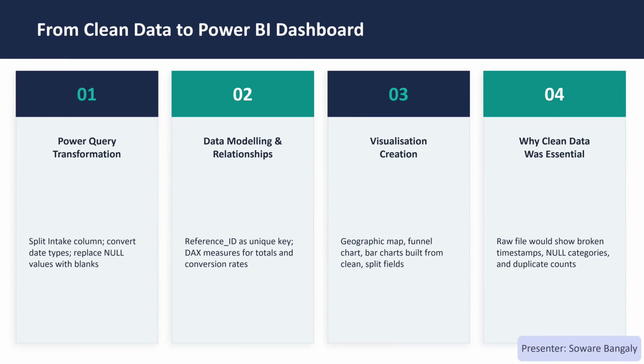The fourth one leads to a question: why was data cleaning so essential? Because it gives us very good data visuals. It gives us very clean visualized data. So next.